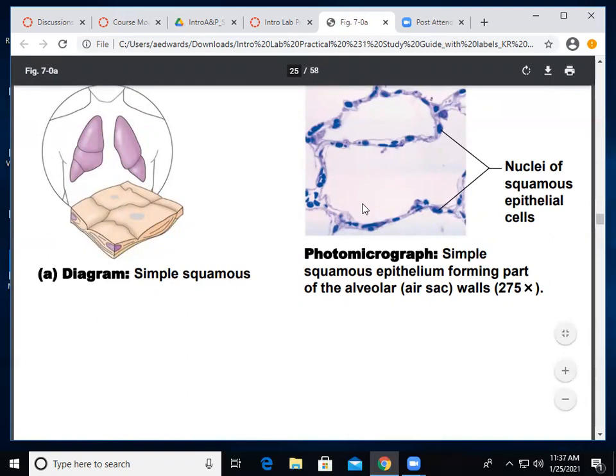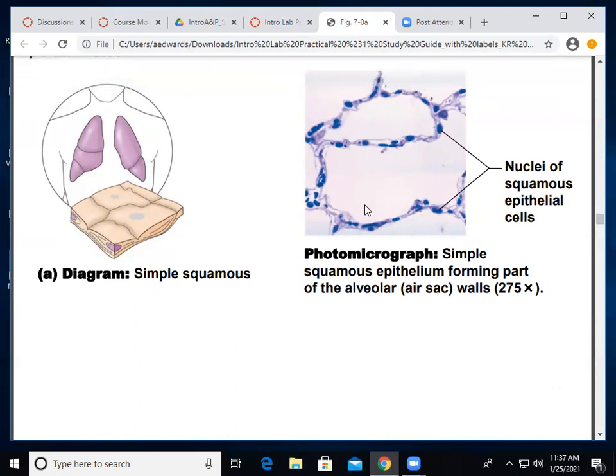We can describe epithelial tissue by number of layers and the shape of the cell.